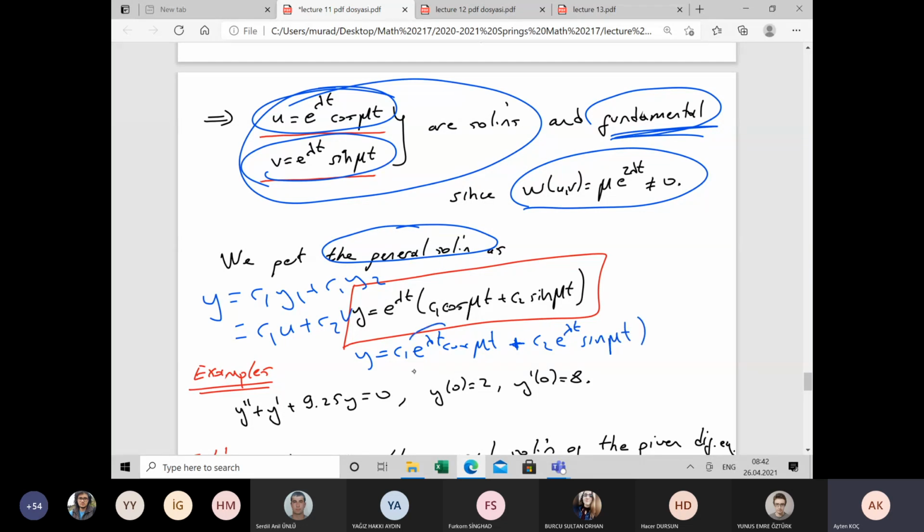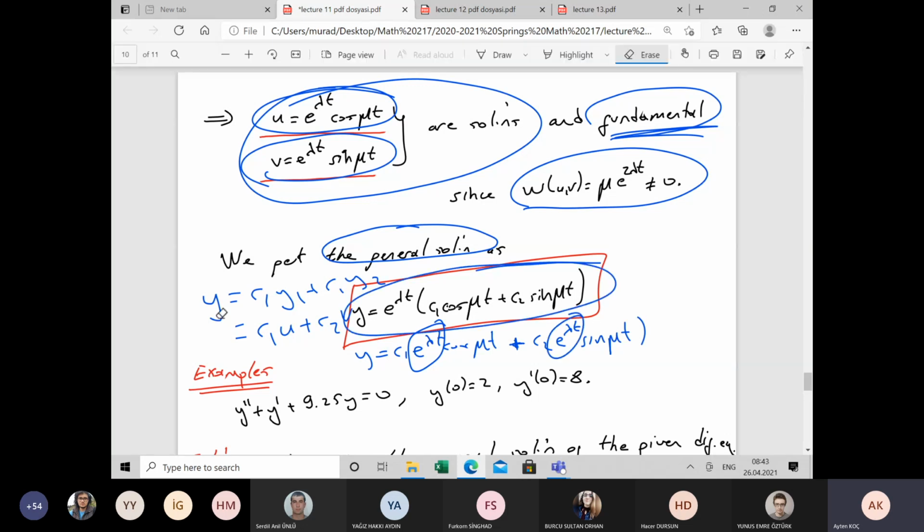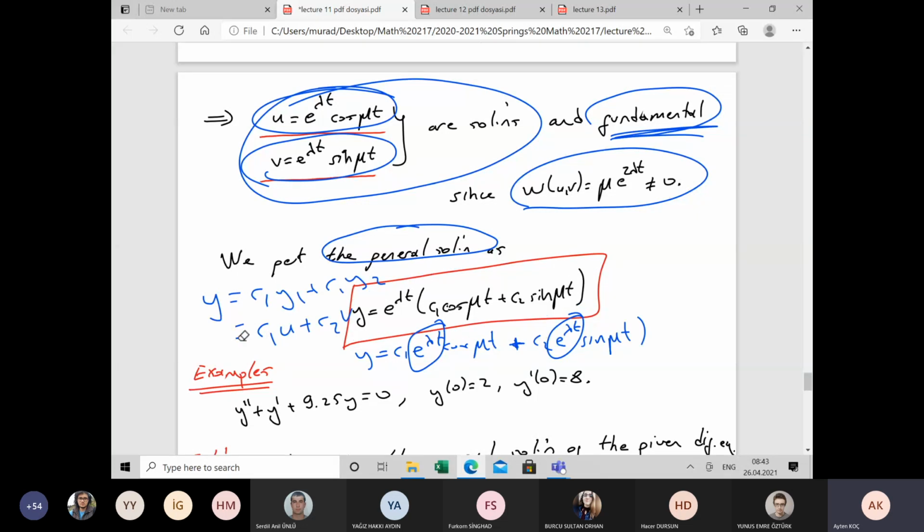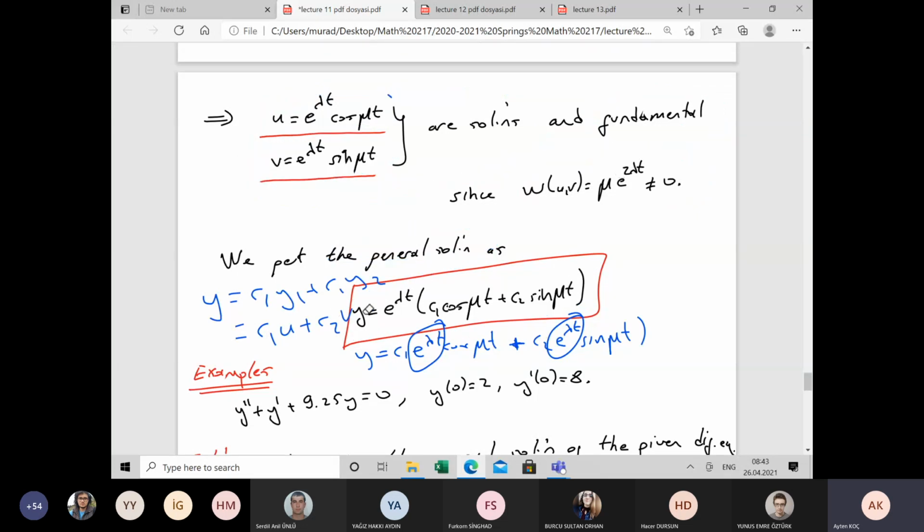Rewrite with the common factor, so we obtain this. Any question? This is the general solution of our differential equation if our roots are complex conjugates.